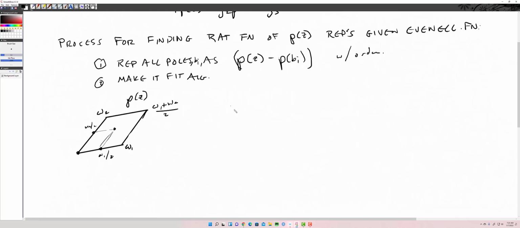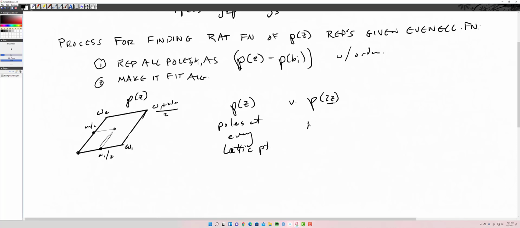Well, what does P of z do versus P of 2z? Well, P of z has poles at every lattice point. But if you plug in 2z, it's going to get to those poles twice as fast, right?